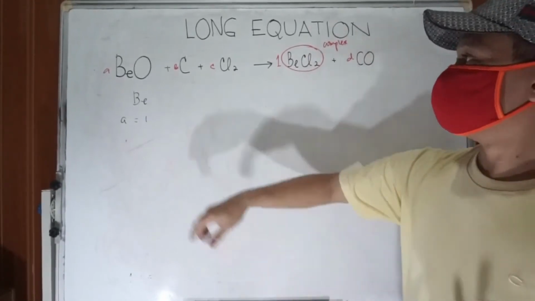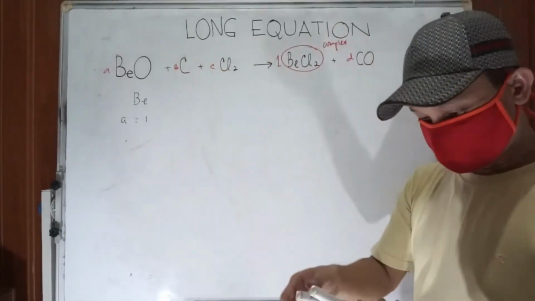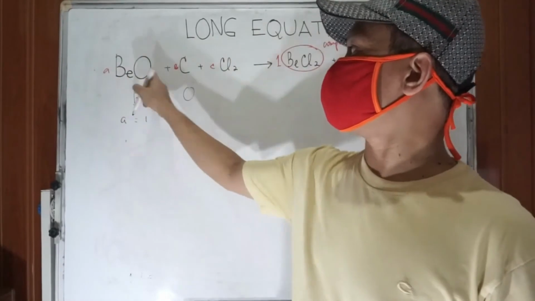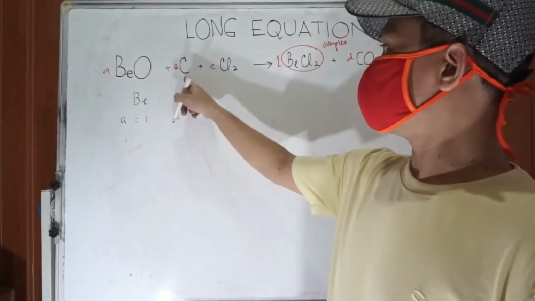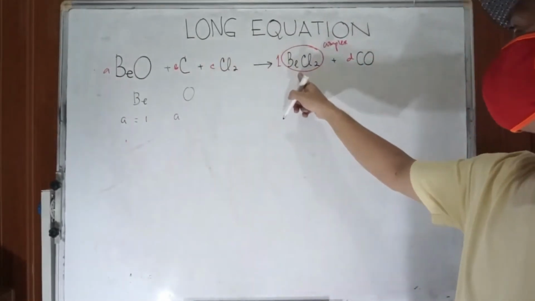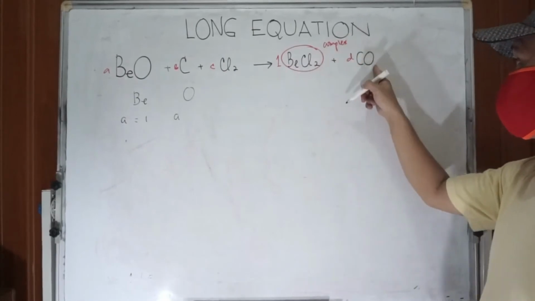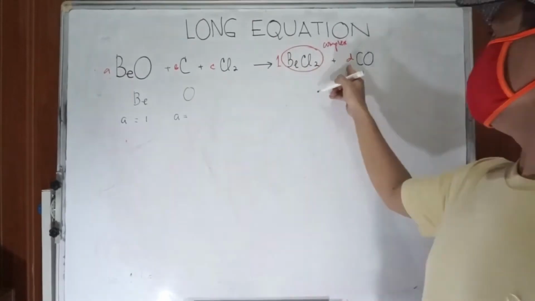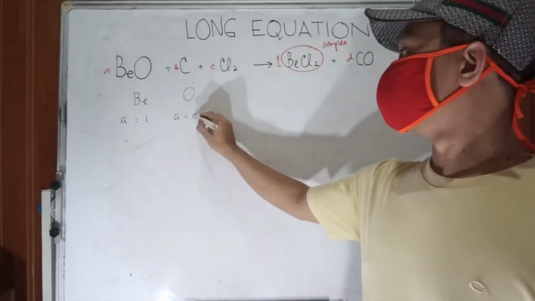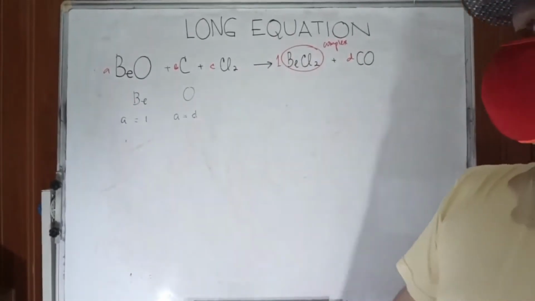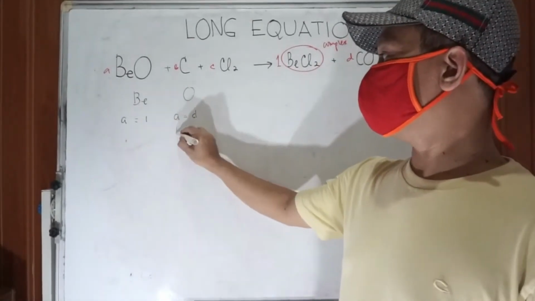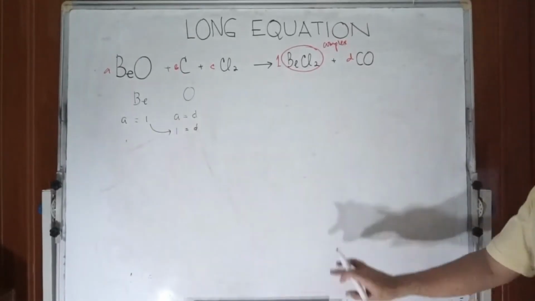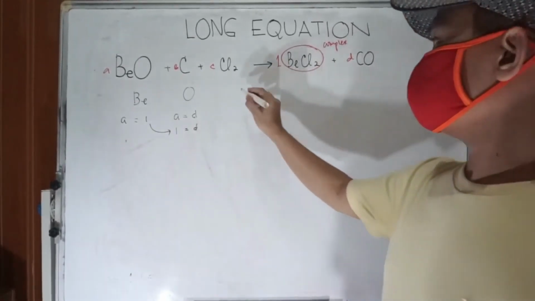The next is oxygen. For the left side, A times 1 is A. There is no oxygen here, there is no oxygen here. Here, D times 1 is D. So because A is 1, 1 equals D. Good. Next, carbon.